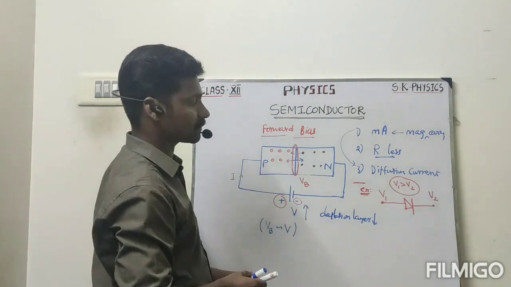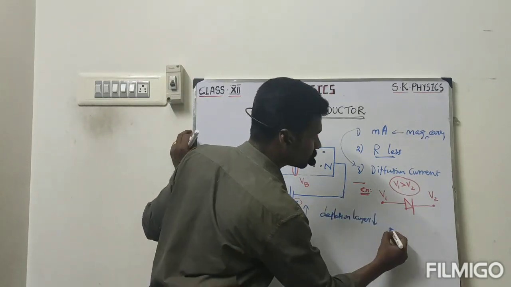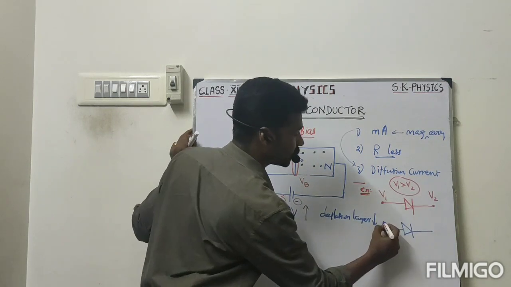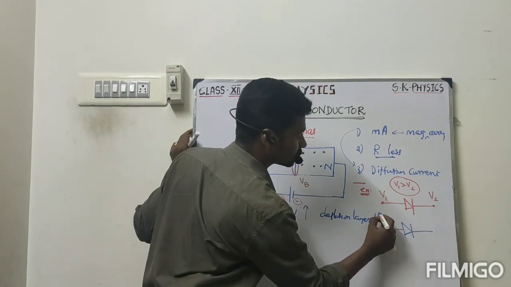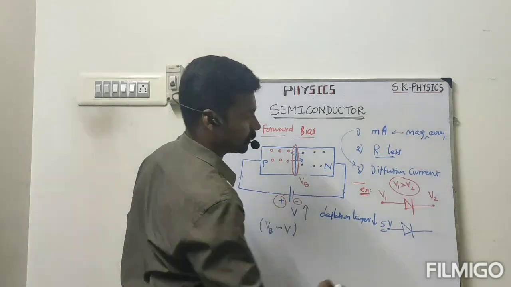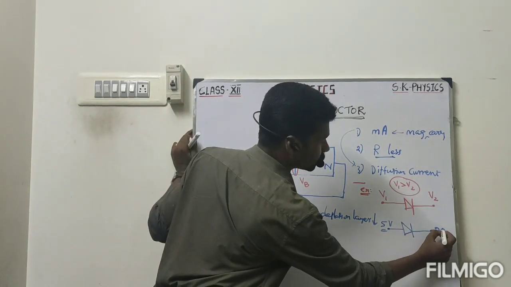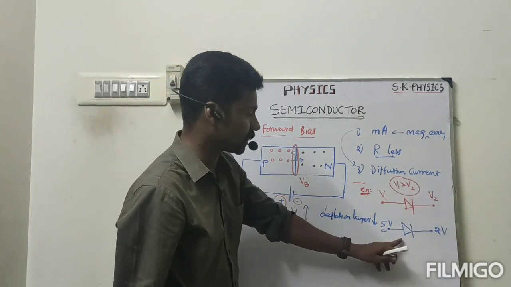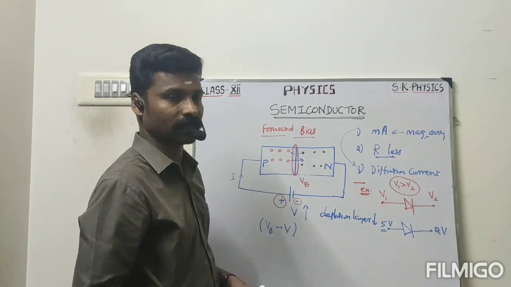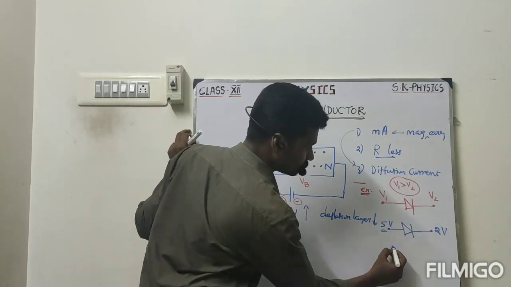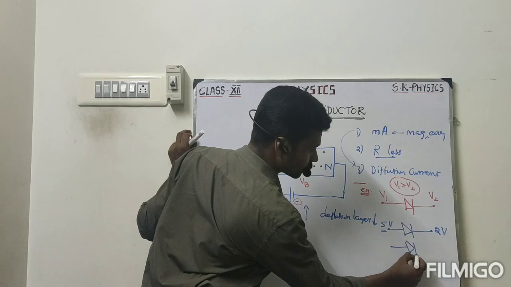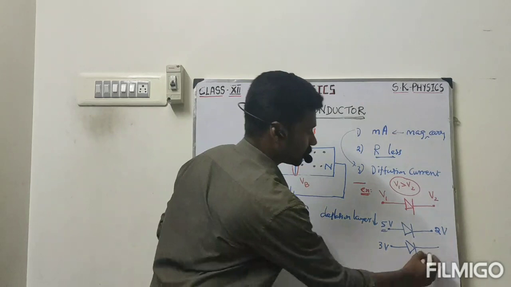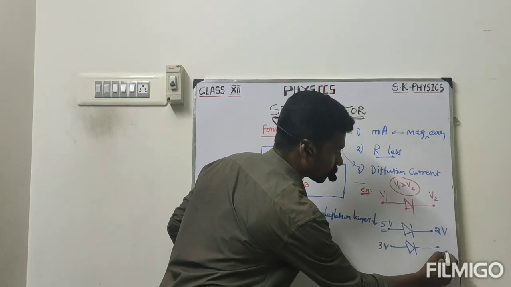So I will give some examples, just compare. Listen, the first example: here 5 volt I apply at this terminal, and here only 2 volt. So 5 volt is greater than 2 volt, so this diagram represents forward bias. Like that, one more example: it is 3 volt, then here minus 4 volt.